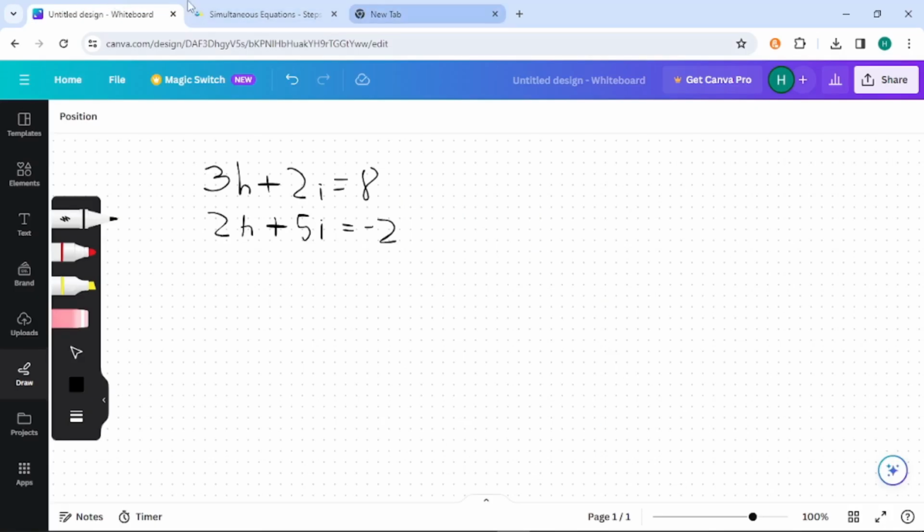Now, this equation looks very complex, when in reality, it's not nearly as complex as you think.